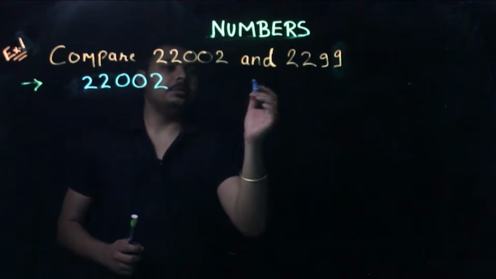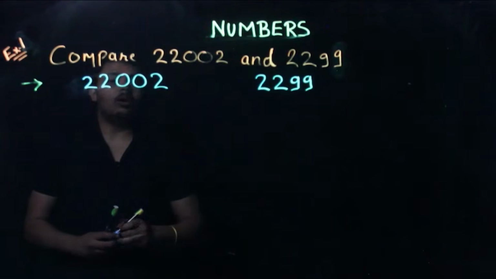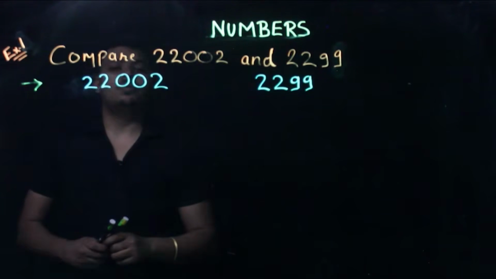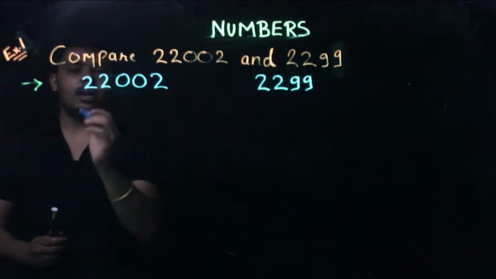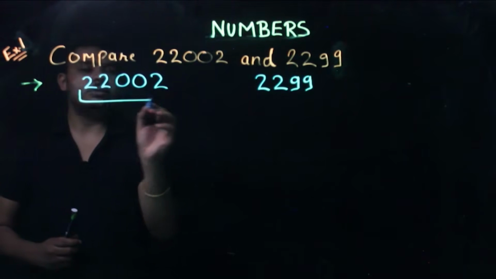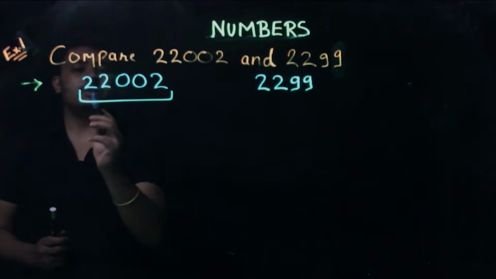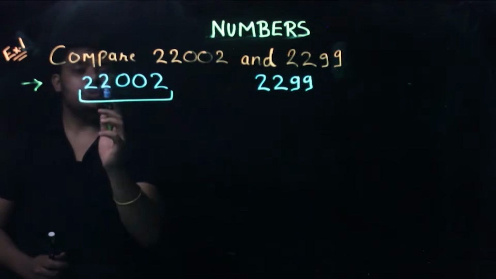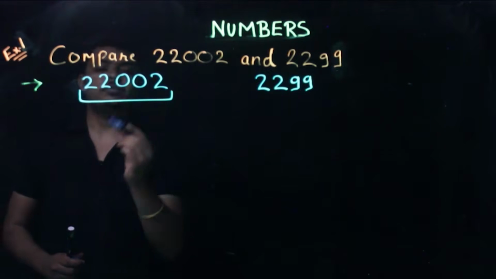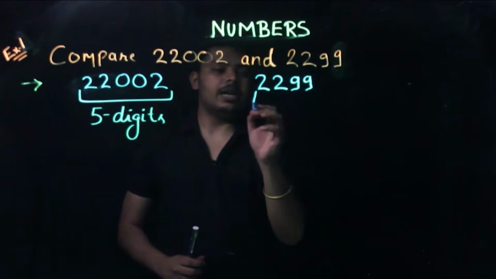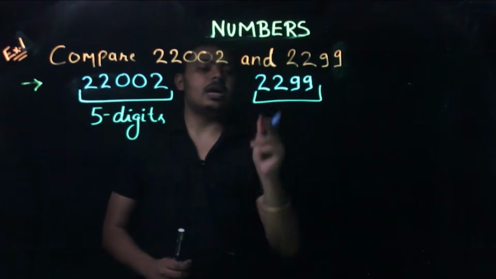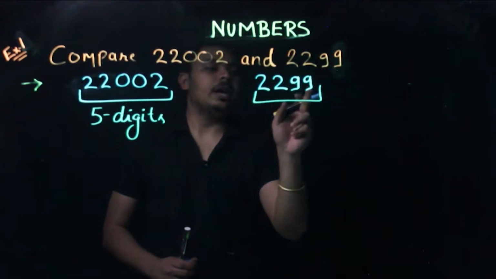Our first step would be to count the number of digits in both the numbers. So let's start counting the digits in our first number. Here the number of digits are 1, 2, 3, 4, 5. So I will write 5 digits. Similarly, for our second number, the number of digits are 1, 2, 3 and 4.